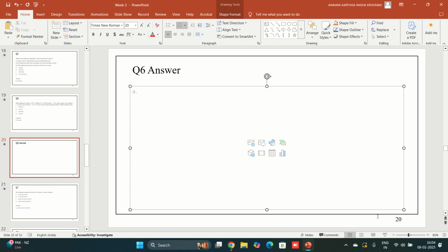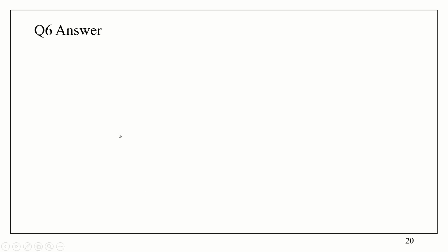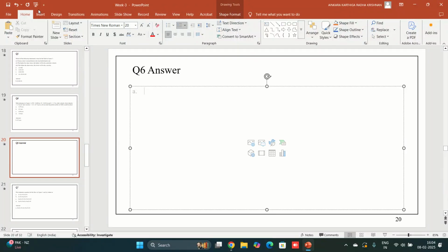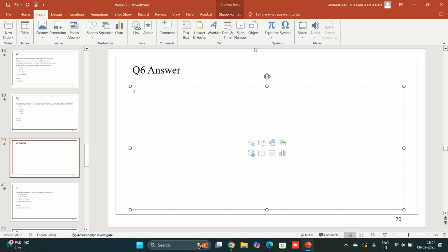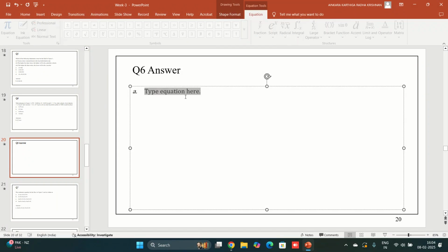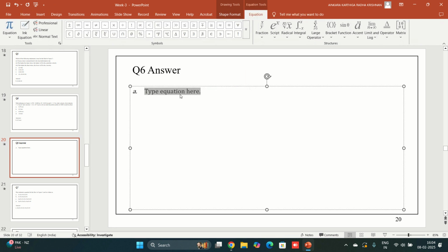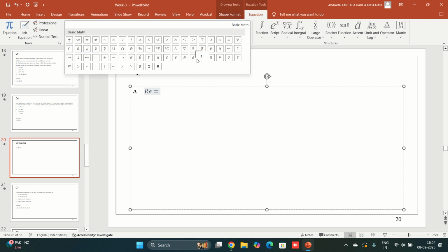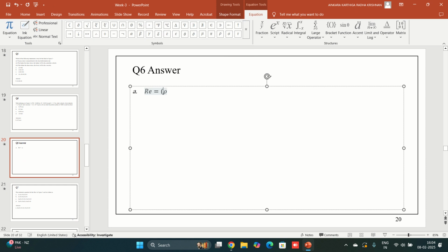In the meantime, you can also solve and put the answer. Reynolds number is equal to rho v d by mu. Right, this is the formula for Reynolds number.